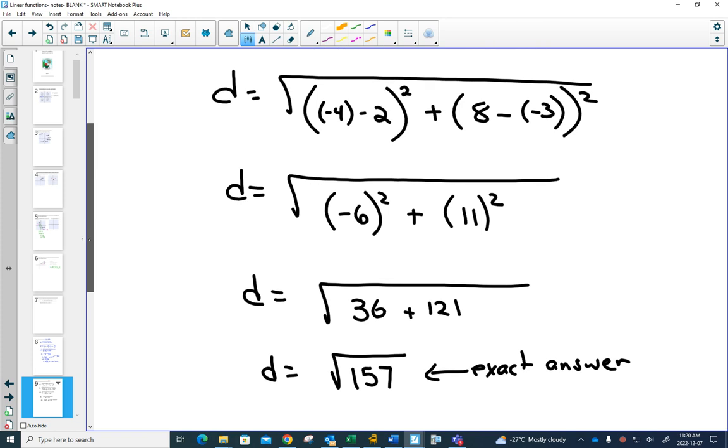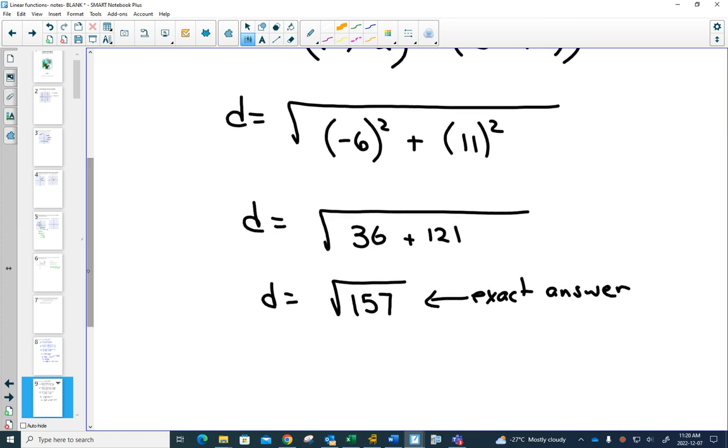If we wanted to round it, we could take the square root on our calculator of 157. And then that answer is no longer exact because you've rounded it.